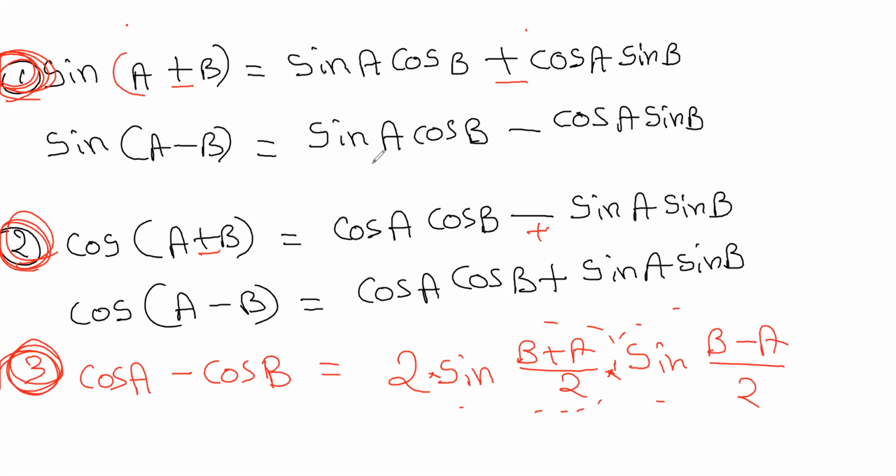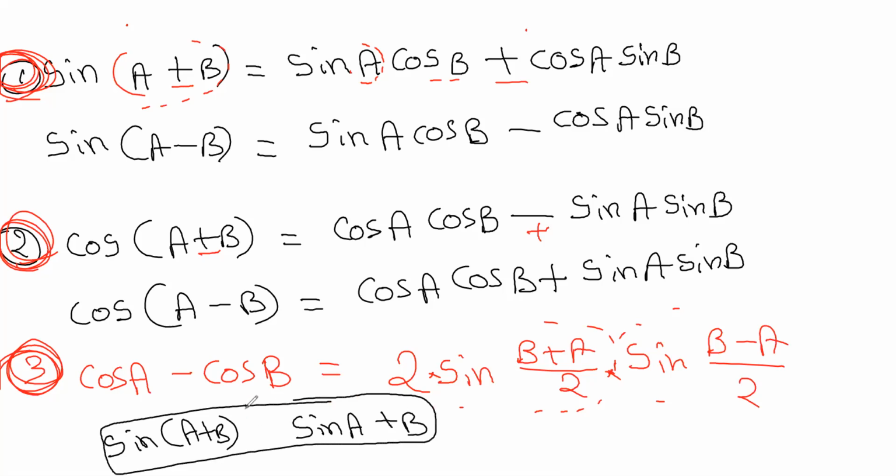And you have to identify the difference: whether in sine of a plus b the total a plus b is the angle, or only a is the angle. There is a difference between these two. Sine of (a plus b) means the total angle is a plus b. Here just a is the angle, b is just a constant.